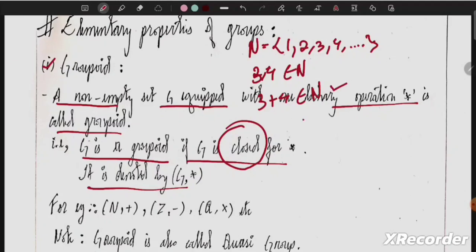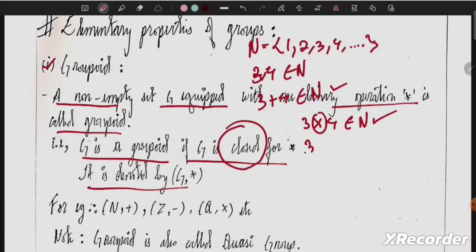Now if we apply the multiplication operation, even in this case it will be closed. If we take any numbers from the set of natural numbers and add or multiply, it gives a natural number again, then it means that it is closed.